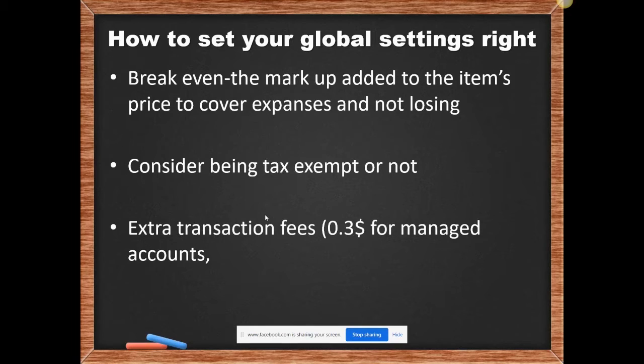So if you sell a $100 item, you pay $7 extra. So don't take this lightly. I mean, it's a lot of money. So we should calculate it into our global settings when we form the store.